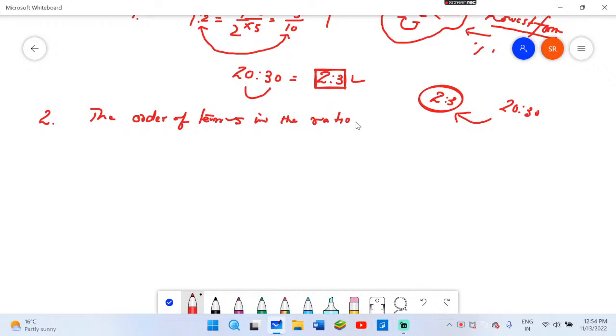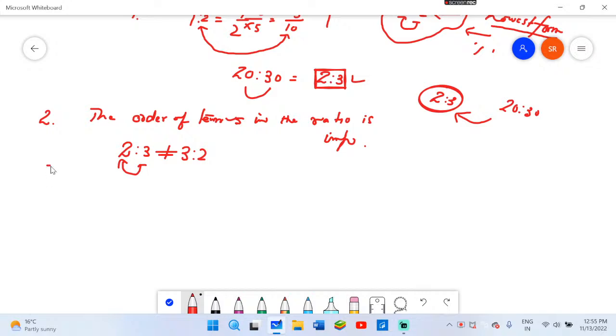That is, 2 is to 3 is different from 3 is to 2. So here 2 and 3 cannot be arbitrarily changed. 2 is to 3 has different meaning, 3 is to 2 has different meaning.